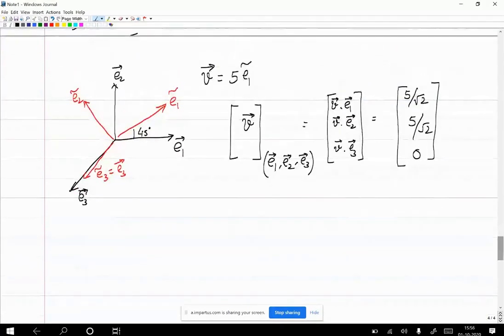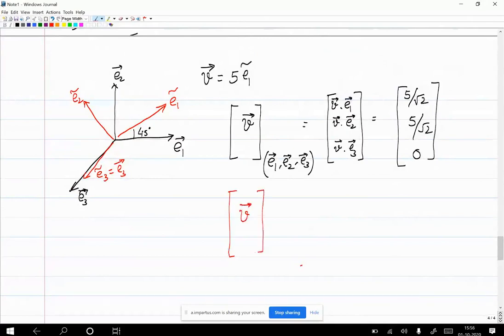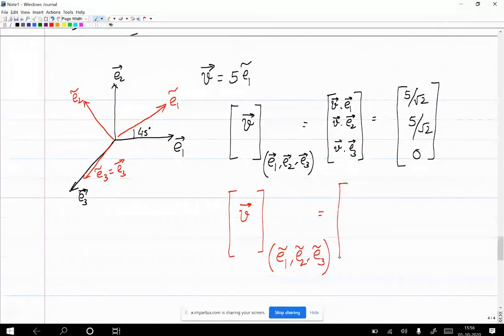But when we again try to express this vector, let's say in the red coordinate system, it's the same vector, but expressed now in a different coordinate system: E1 tilde, E2 tilde, and E3 tilde. So this is now vector V dot E1 tilde, vector V dot E2 tilde, and vector V dot E3 tilde.